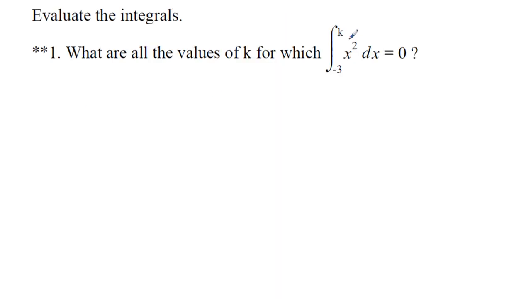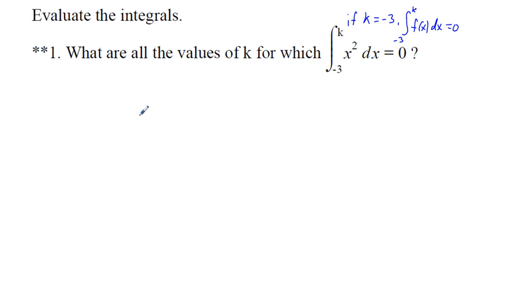So we know that if k, our upper limit, equals -3, then the integral from -3 to k of f of x dx will be equal to 0, with x squared being f of x.